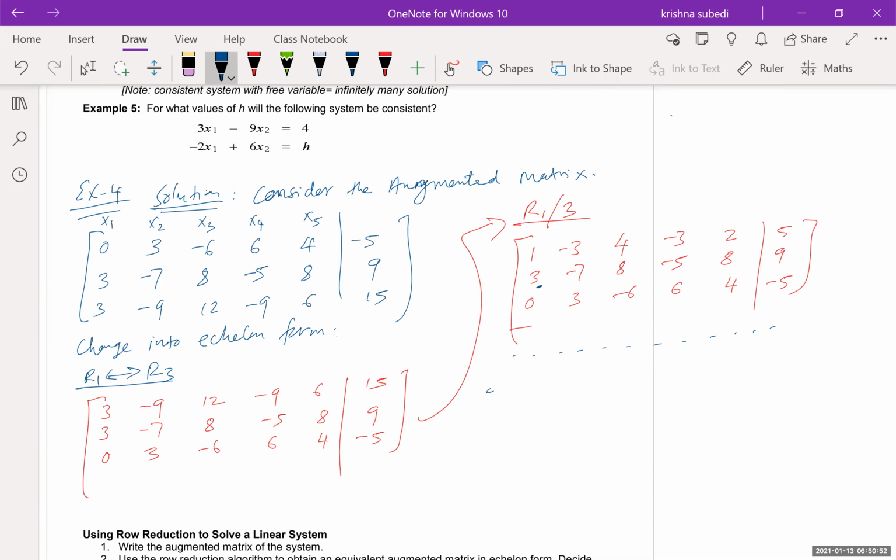And so the echelon form, what you're going to get is the first row will remain the same.